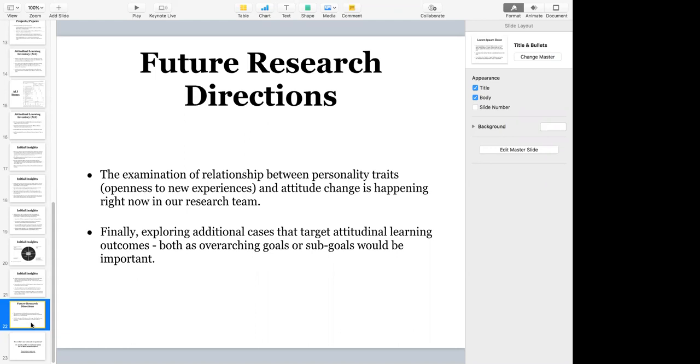where we do want to continue to look at what it is that we can do within the different contexts: face-to-face, online, small groups or big groups, informal settings like exhibitions or museums. How can we really target attitudinal learning outcomes, both as overarching goals or sub goals or very explicit goals?